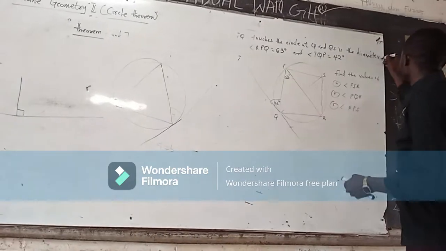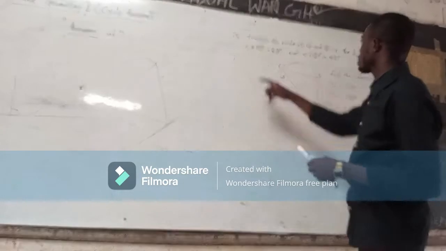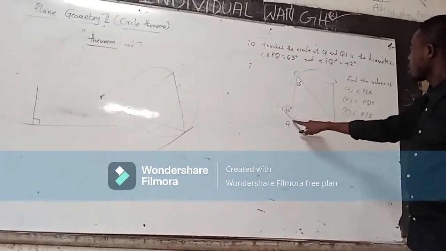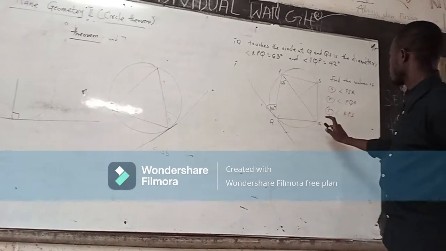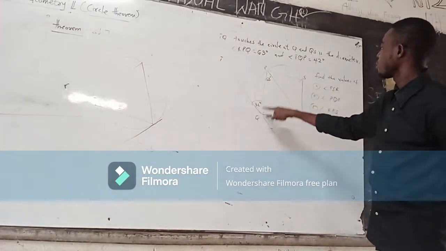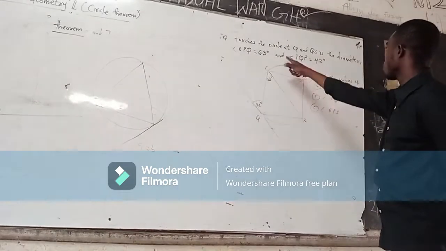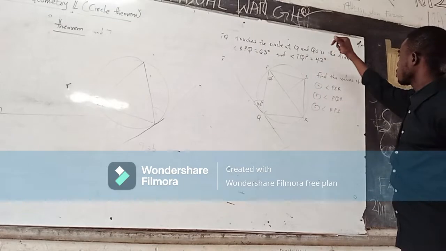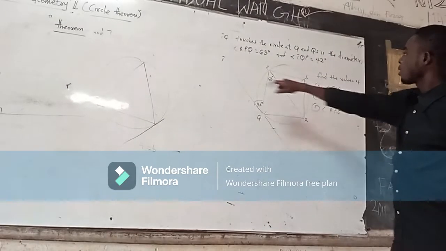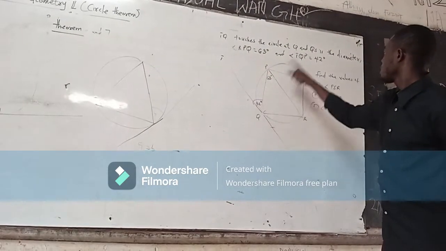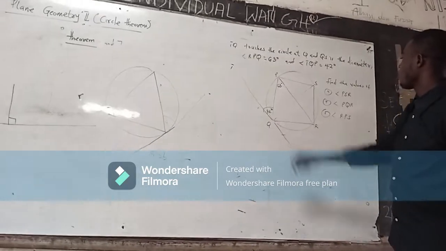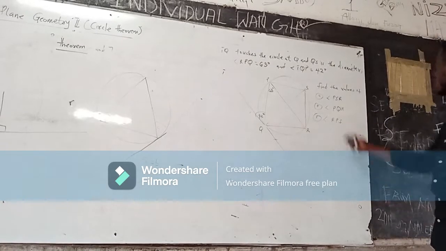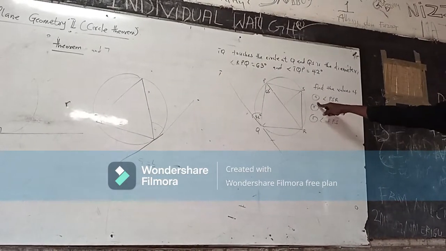We are saying that angle RPQ is 60. So this one forms 60. And we have angle TQP, which also forms 42 degrees. Then they are saying that we should find the value of A.